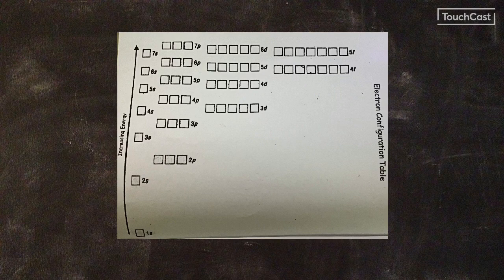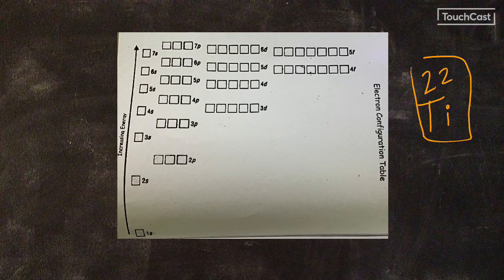So my example element, we're going to use titanium. And if I look on my periodic table, titanium has an atomic number of 22. Which means I have 22 electrons. So I start at the bottom and I work my way up. 1, 2, 3, 4, 5, 6, 7.